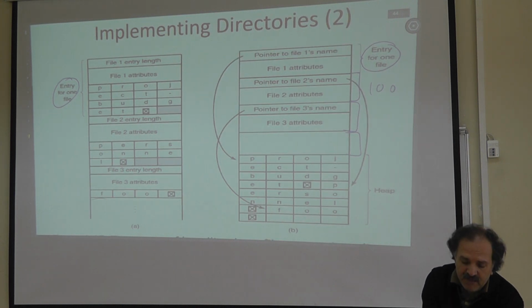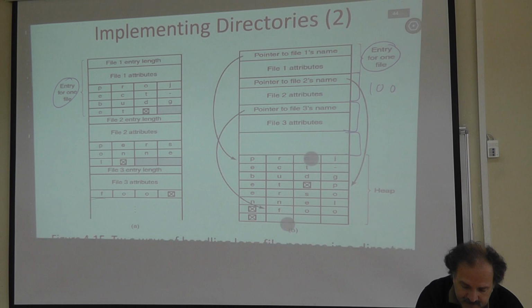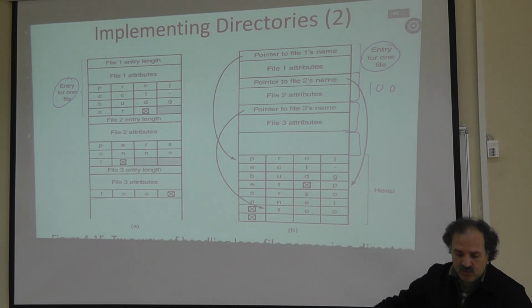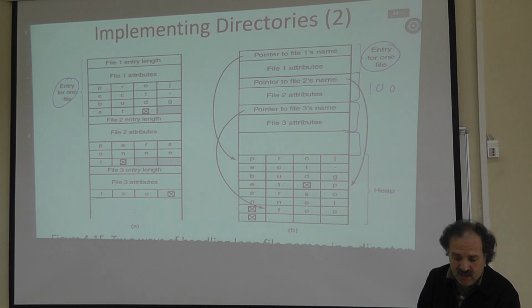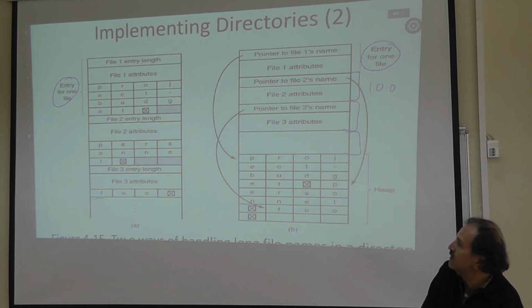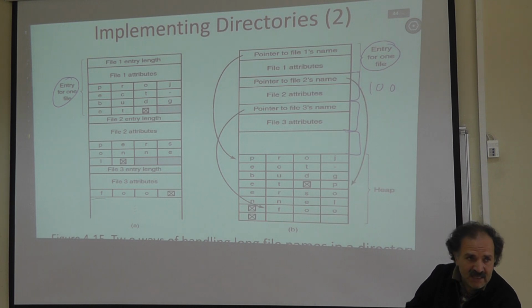I keep my file names in a heap, in a different place. This heap can be large or small. It depends on the file names, but I can access my third file immediately by multiplying this number with 3. So it is as fast as the previous approach, but I can still keep my any length file names within my directories.